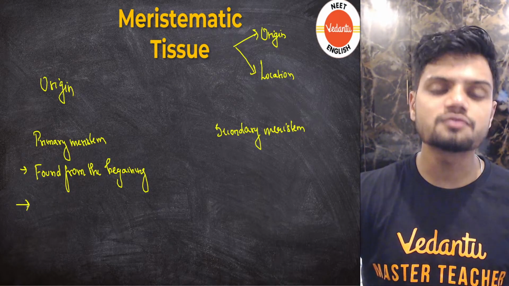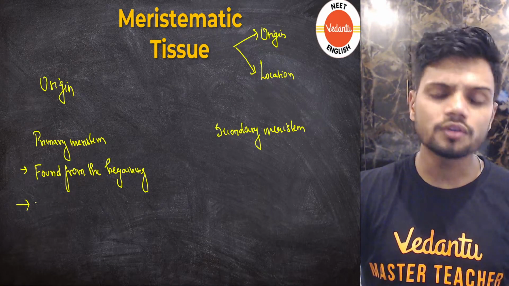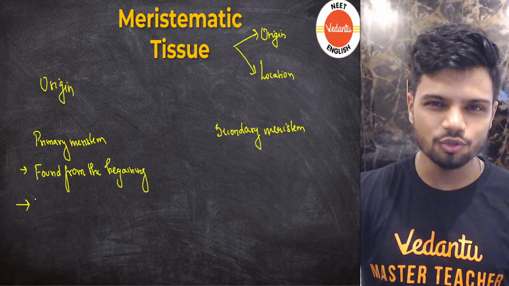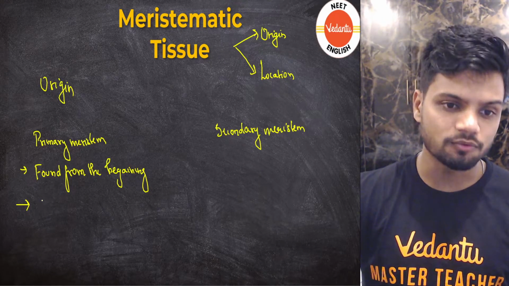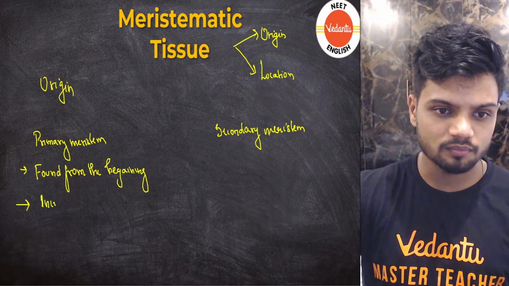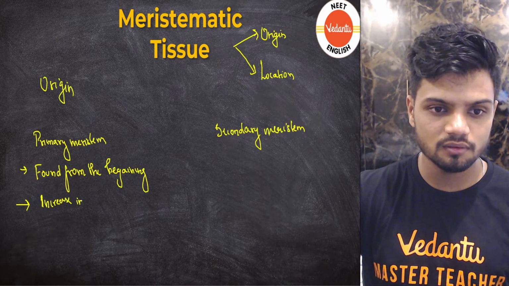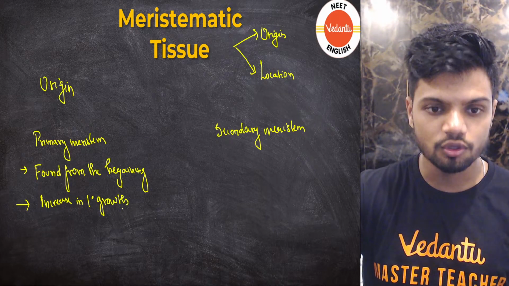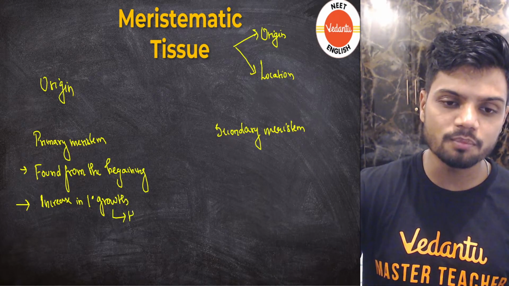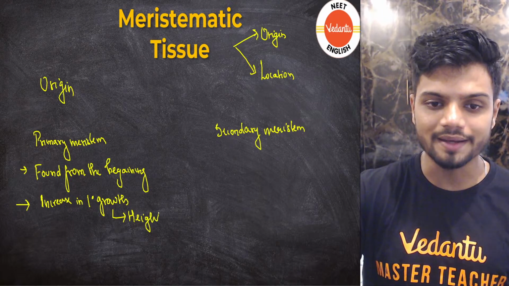Now, if it is found from the beginning, what could be the use of it? Initially, you grow in height a lot, right? So in the plant also, primary meristem is responsible for the increase in primary growth. What is primary growth? Primary growth mainly involves height increase.